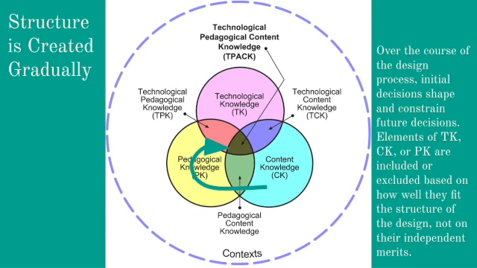So don't think of this as an excluding process. Think of this as refining and shaping, and a process that helps you and your students focus what you can do within well-designed constraints.